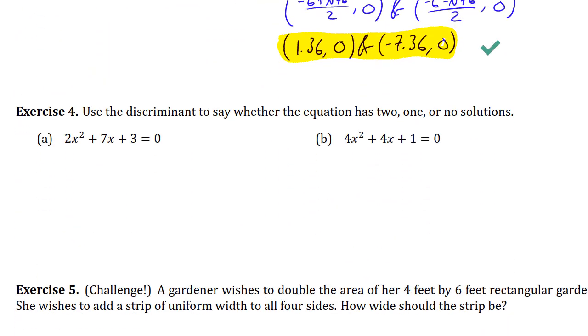So the b squared minus 4ac here is going to be 7 squared minus 4 times 2 times 3. So that's going to be 49 minus 24, which is positive. That's going to be, what, 25. That's greater than 0. So this has 2 solutions.